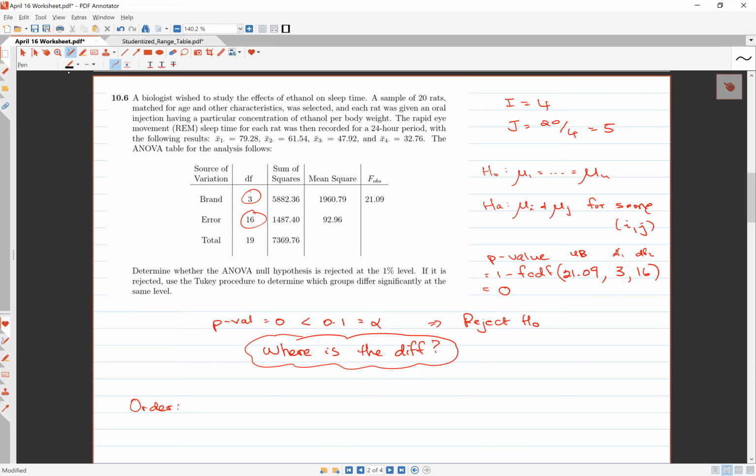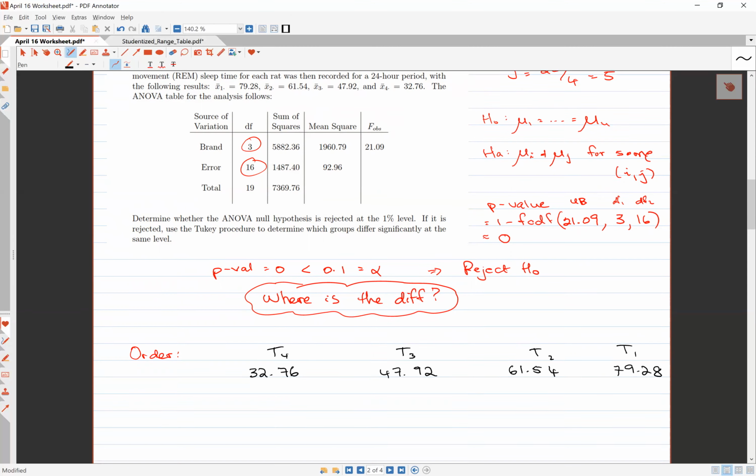So in this case, 32.76, then 47.92, 61.54, and 79.28. So this is treatment 1, treatment 2, treatment 3, and treatment 4. So that's what we'll use to assess whether the means are far enough apart to be considered different.